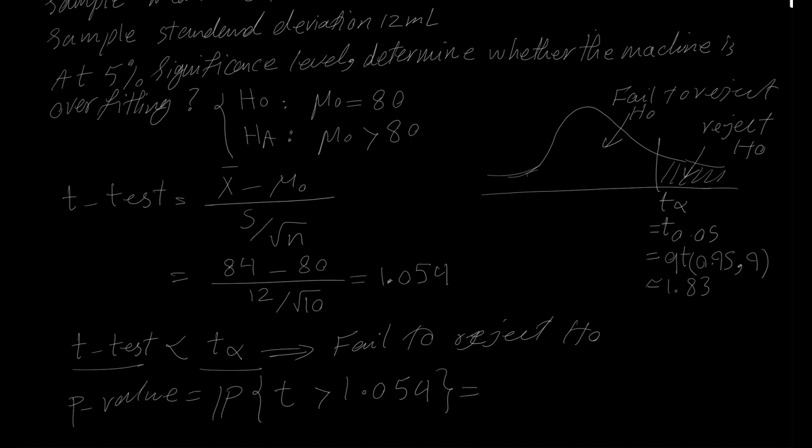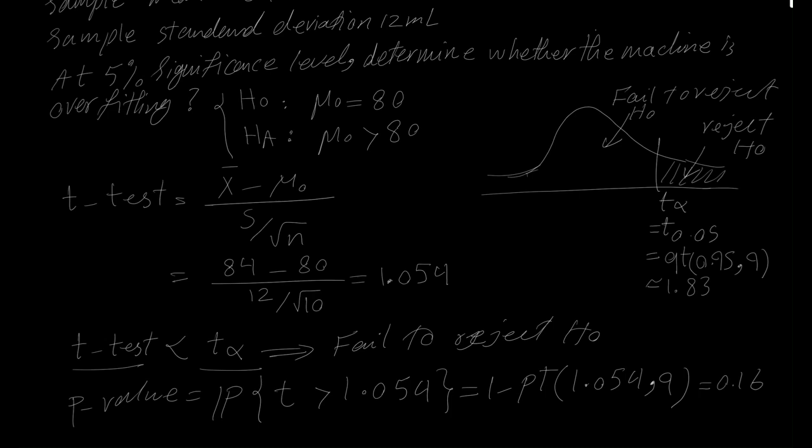This is the t-distribution. To compute t greater than some constant, it's 1 minus pt of 1.054, and do not forget that we need to know the degree of freedom, which is 9. Now, if I compute this, it almost equals 0.16. This is the p-value.